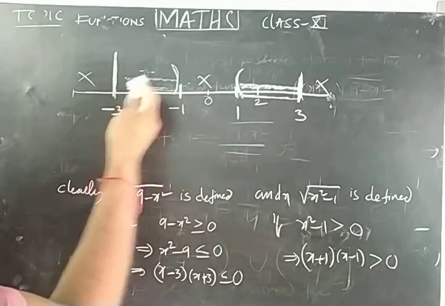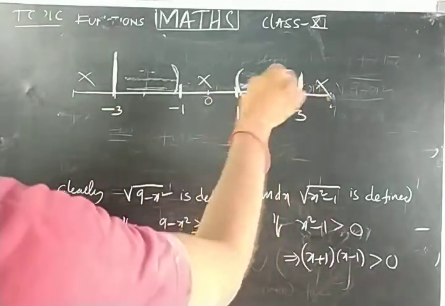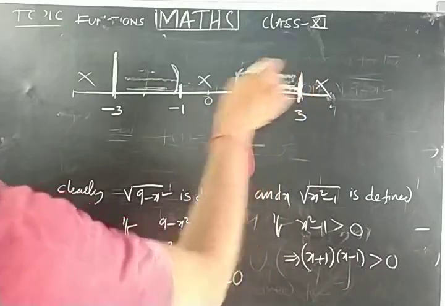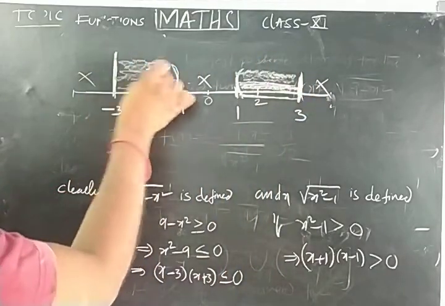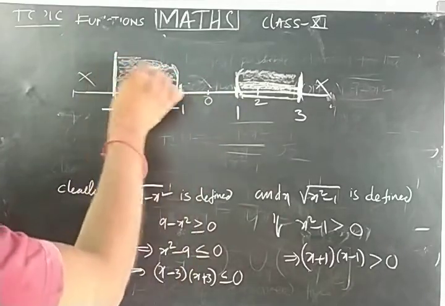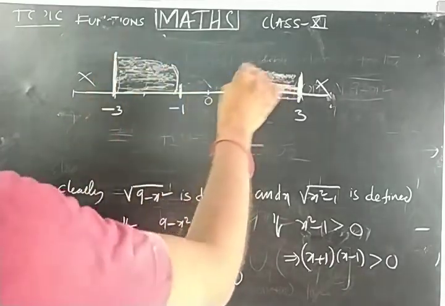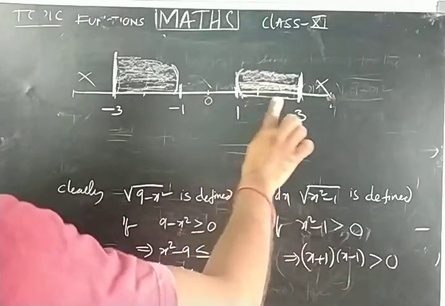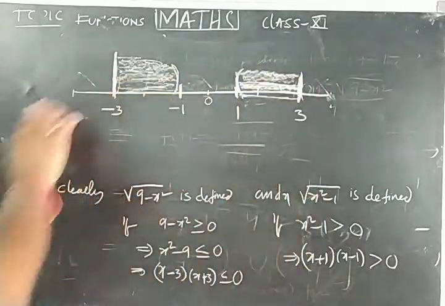Minus 3 to minus 1 plus 1 to 3 is the required domain of the given function. Shade the region from minus 3 to minus 1 and 1 to 3. This is the required region.